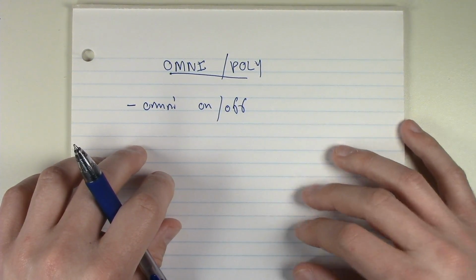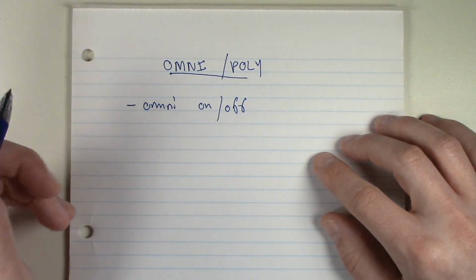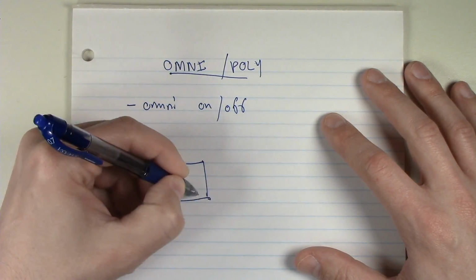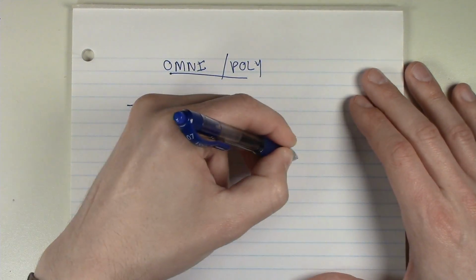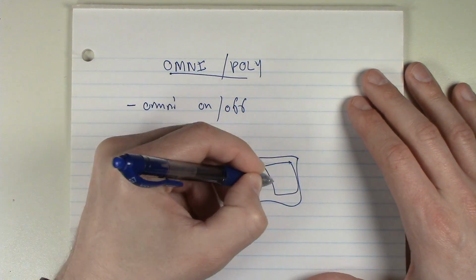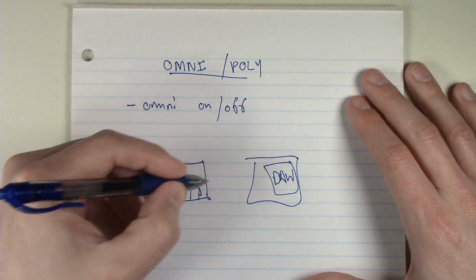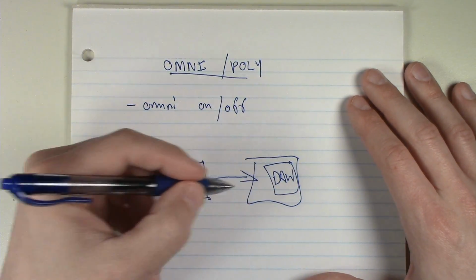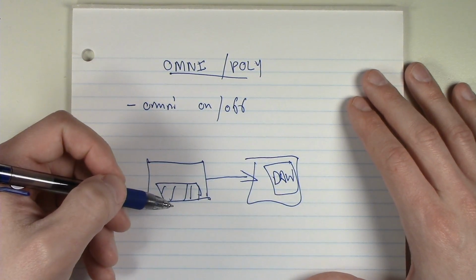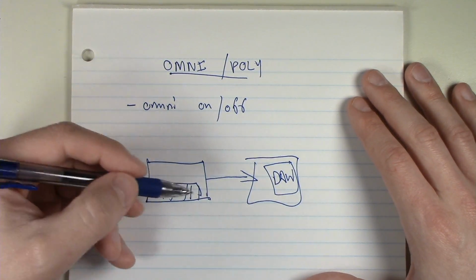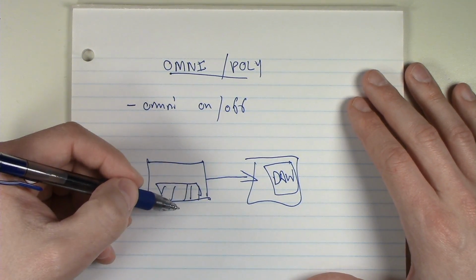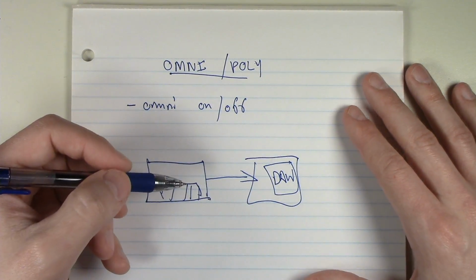I've got my keyboard here, I've got my computer over here with my DAW on it, and I want to control my DAW software with my MIDI keyboard. Normally, it doesn't matter which channel this keyboard is sending notes on. Normally, the DAW will just respond to any channel.